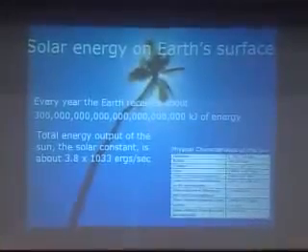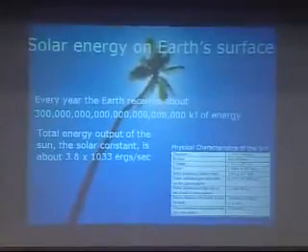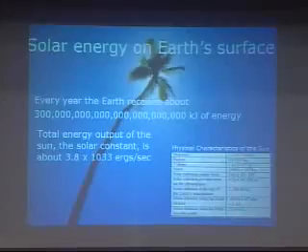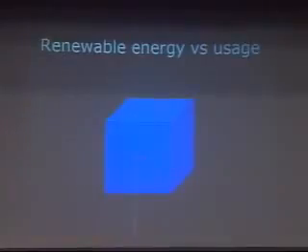The Earth receives a lot of energy from the sun every year. It's regular, it's constant, it's reliable. To show how much energy we receive, if this cube represents the total energy that hits the Earth from the sun each year, about this much goes into the energy of the wind driven by thermal convection, and that small red block that you can just see is the total amount of energy used by mankind for all purposes in a year.